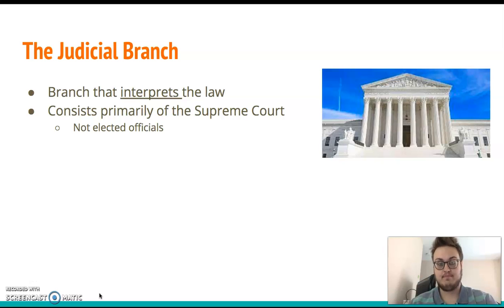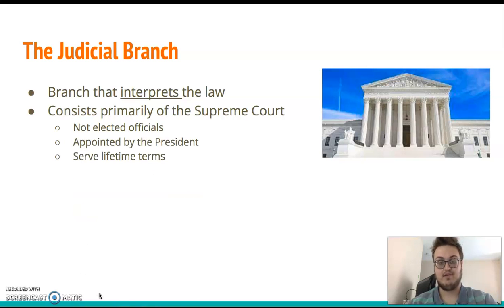And then they are vetted by the Senate, and the Senate approves the nominee and they become a member of the Supreme Court. This just recently happened where President Biden appointed a new justice to the Supreme Court and the Senate approved her.